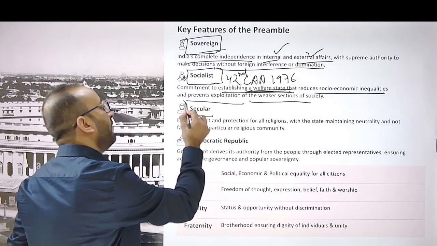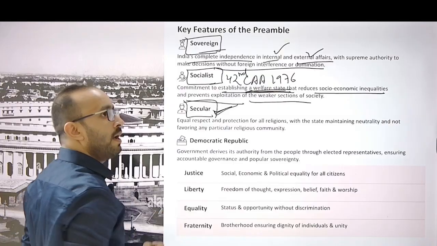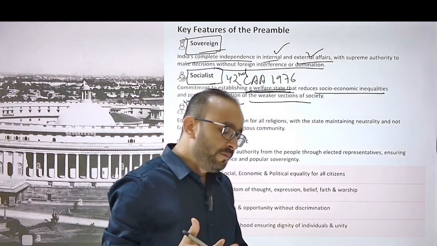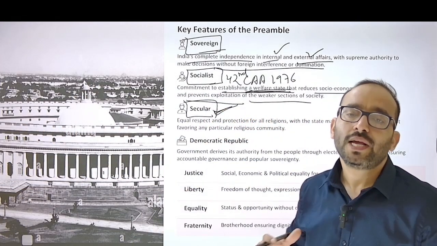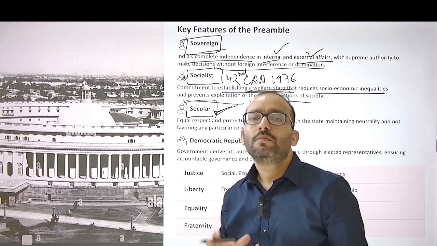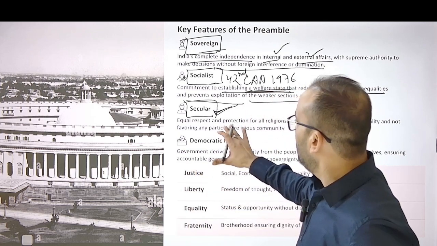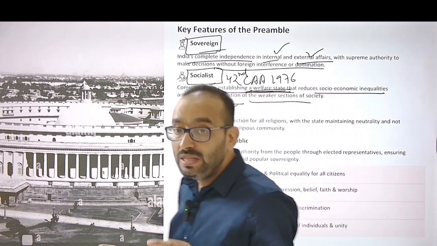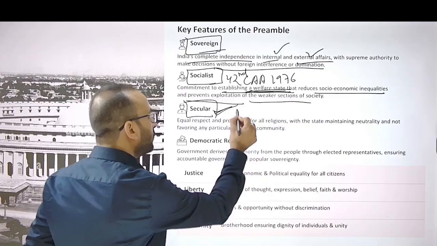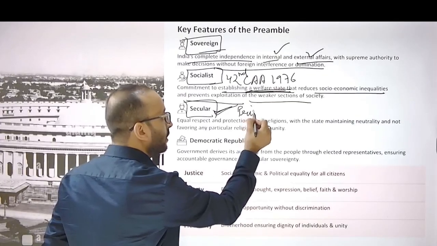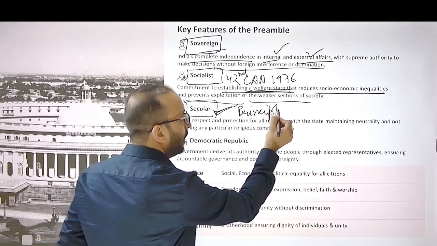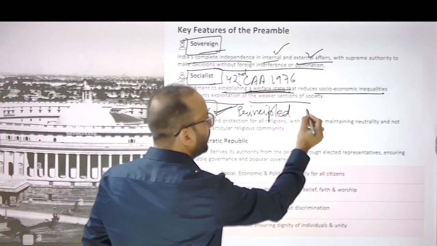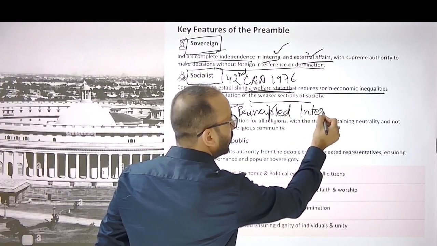Then another key feature is secularism. Again, the secularism which we practice in India is very different from the secularism which the Western countries practice. In India, secularism is principled intervention, which we will later also discuss when we discuss Article 25 and 26.